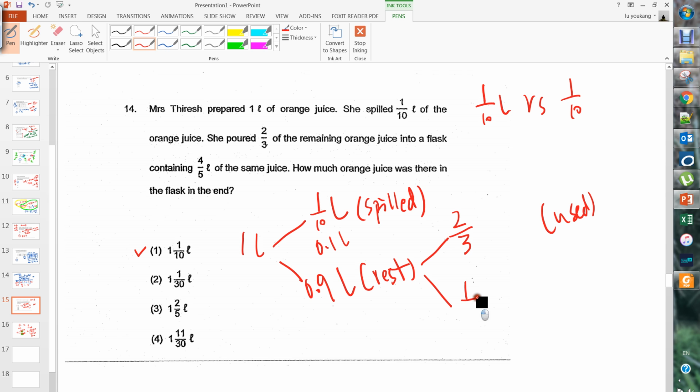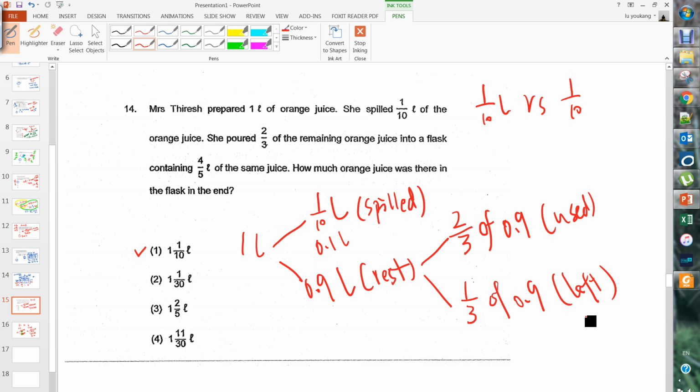So 1/3 fraction is left, right? So now this is a fraction, right? So when it comes to fraction, we need to use 2/3 of what? What's the value here? 0.9. Very good. Then here is also 0.9. Okay, so this is left, right?